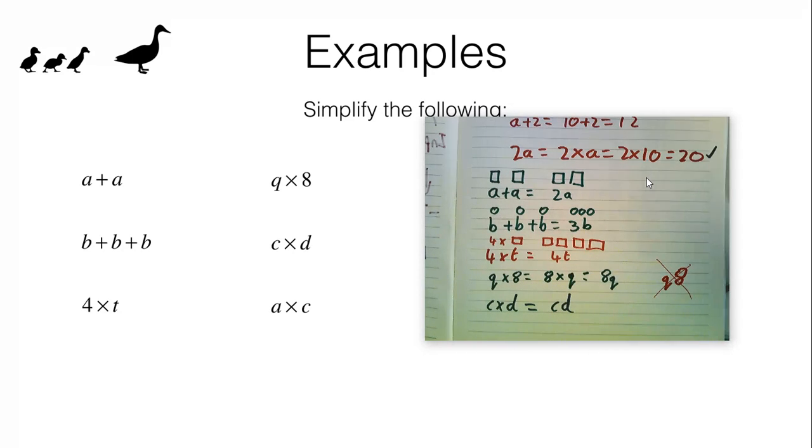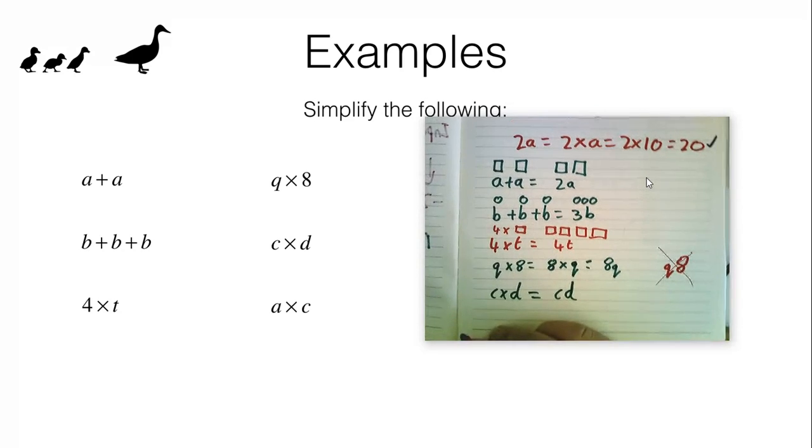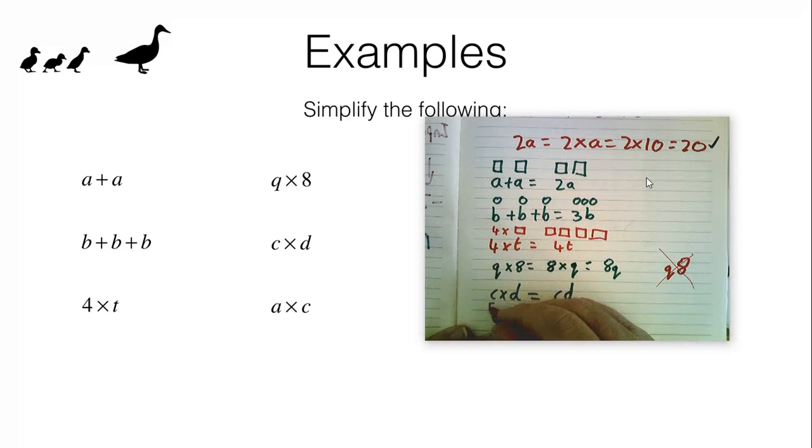The take-home message here is, with algebra, if we're timesing 2 algebraic terms together, like C and D, we don't need to write the multiplication. We just save ourselves a bit of time, and we're just going to say that CD just means C times D. Okay, I'll make that a bit more concrete. So C times D, let's pretend we're doing 5 times 4.